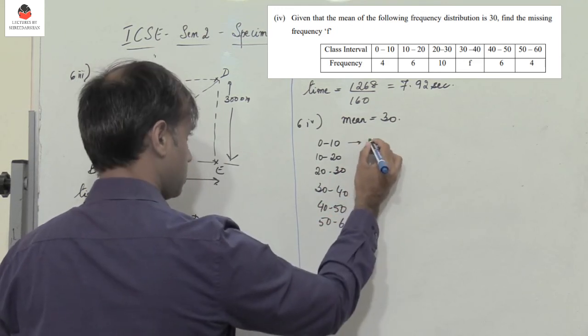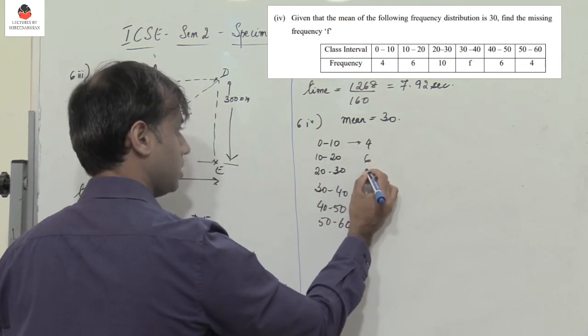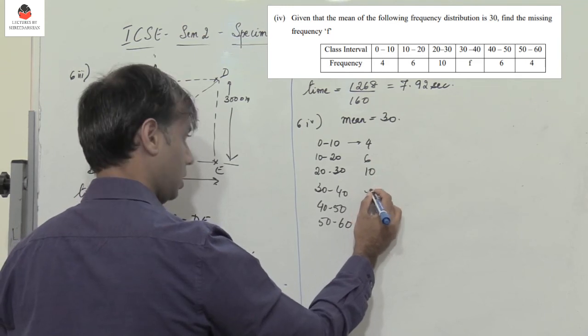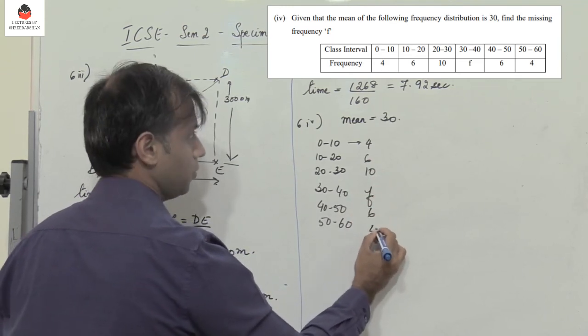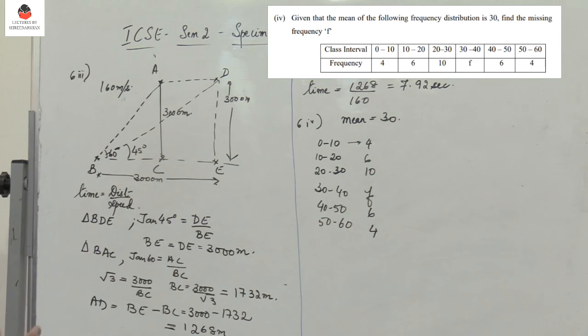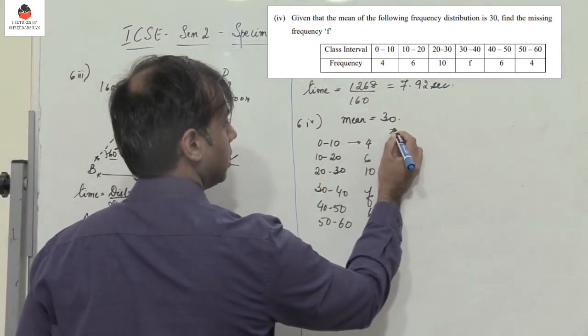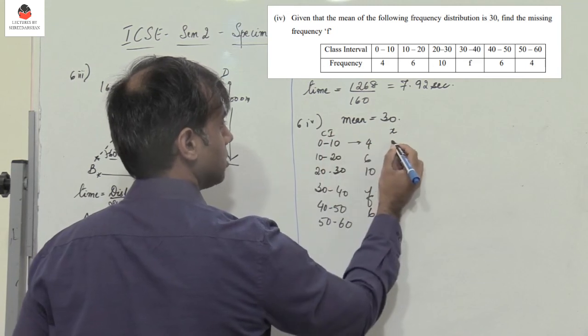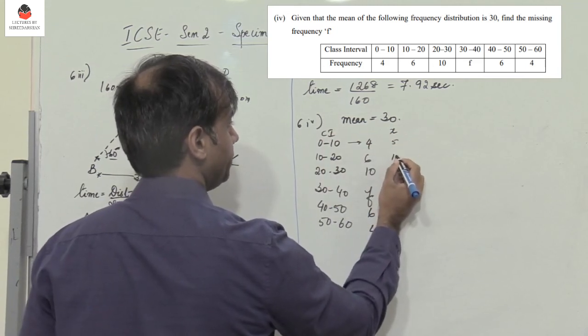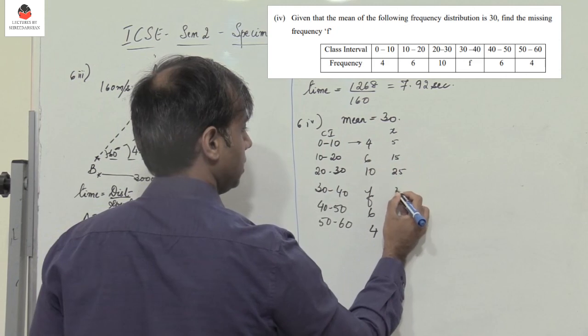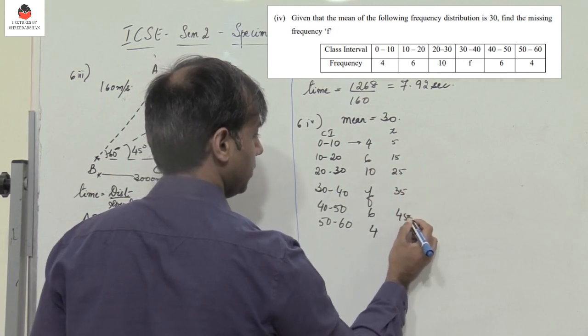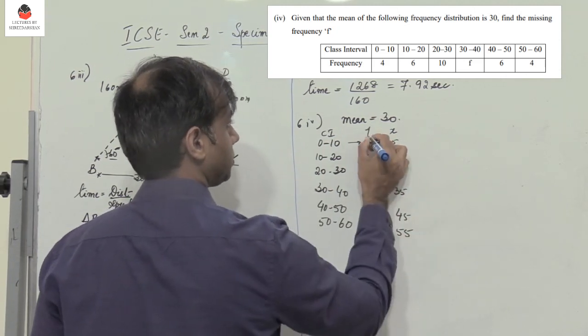The frequency is 4, 6, 10, and then you have F, 6 and 4, right? And the mean value is 30. So find the mid value of the class interval. So it is 5, 15, 25, 35, 45 and 55, right?